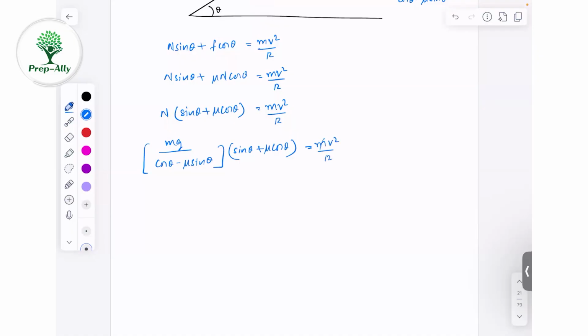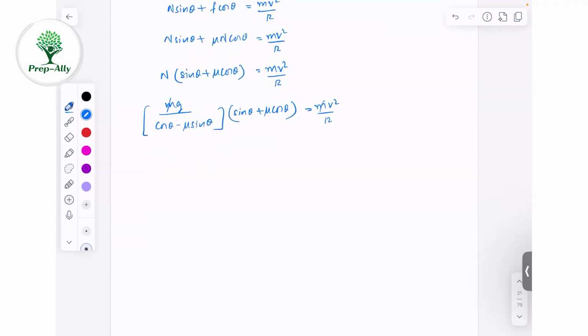This m gets cancelled. Here we can do something. We can take cos theta common also. And we get here cos theta times tan theta plus mu. So here also take cos theta common. We get here 1 minus mu tan theta. This will get cancelled. v square by r.